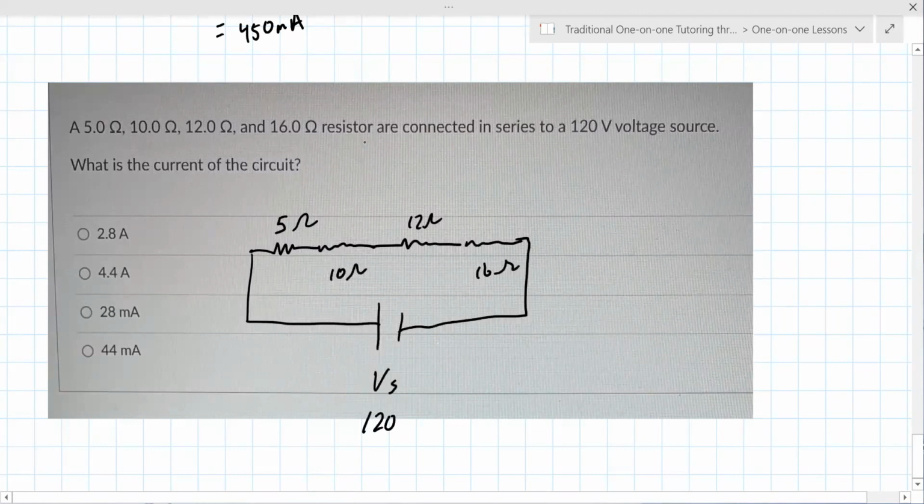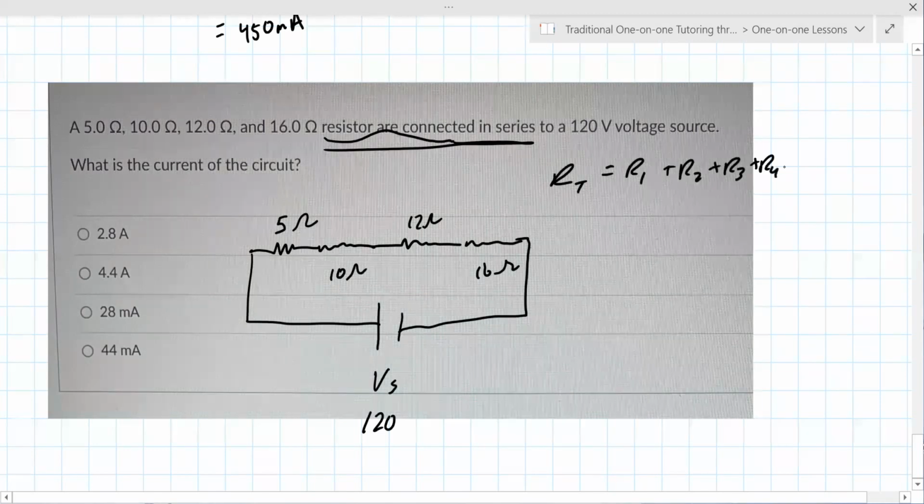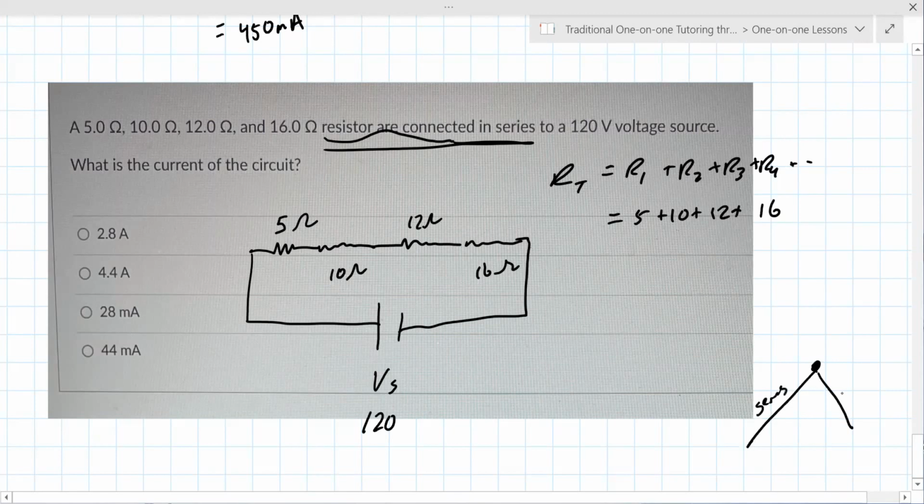But this is the one that we should have done first. When the resistors are in series, the total resistance is R1 plus R2 plus R3 plus R4 and so on, as many as you have. So it's 5 plus 10 plus 12 plus 16. So the takeaway from this is really that you have two types of problems you're going to see in this part of the course: series problems and parallel problems.